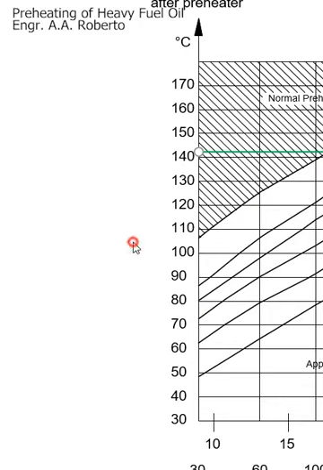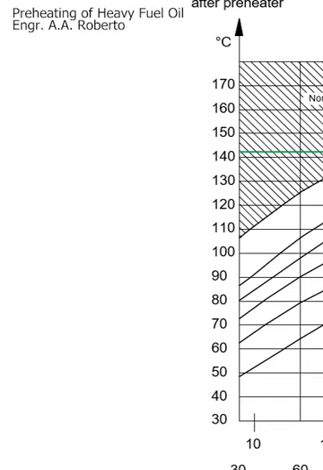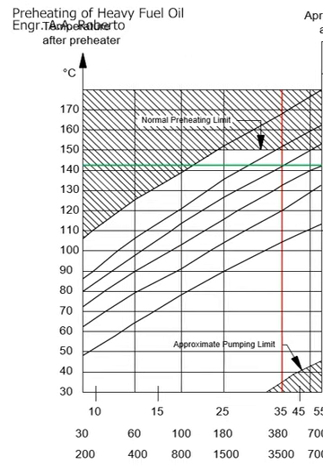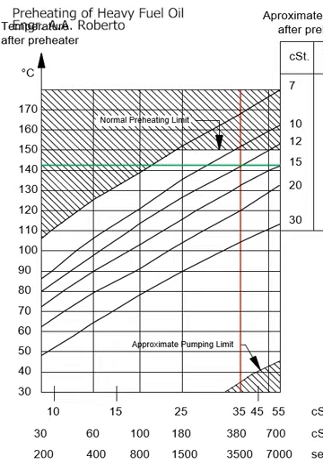What we can see here is around 142 degrees Celsius. So in order for us to attain 12 centistokes from a 380 centistokes heavy fuel oil, we need to heat up that fuel oil at around 142 degrees Celsius.